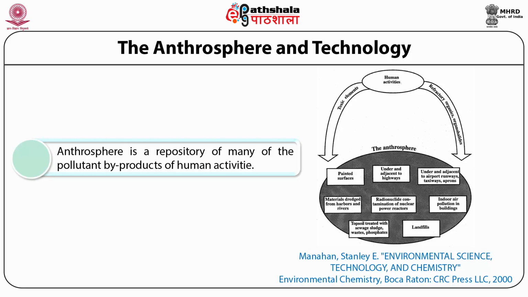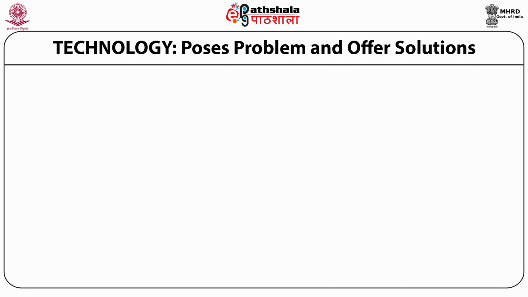These human activities add different toxic elements and refractory organic materials to the anthrosphere, like painted surfaces under and adjacent to highways, under and adjacent to airport runways, toxic space, and indoor air pollution in buildings, radionuclide contamination of nuclear power reactors, and landfills.